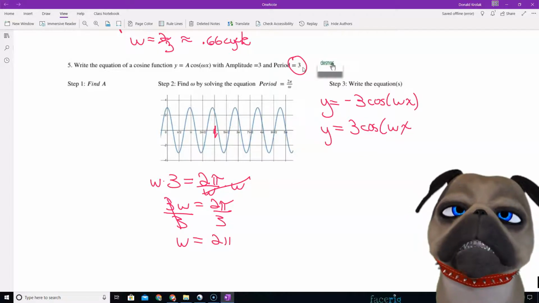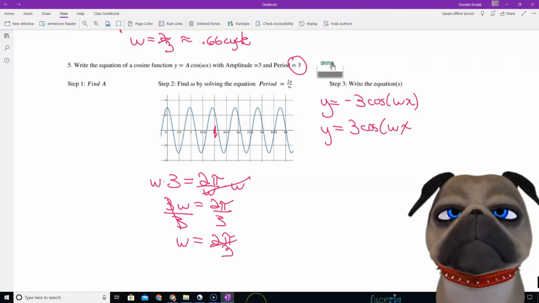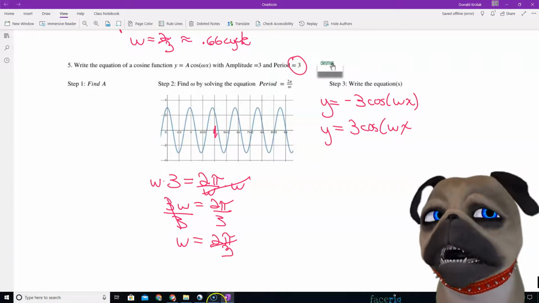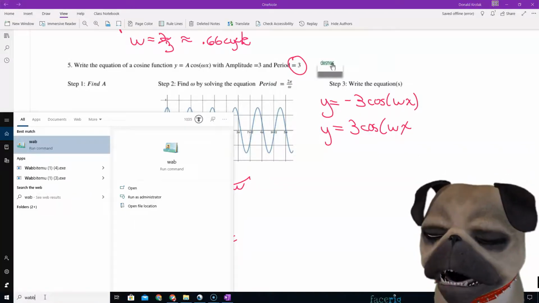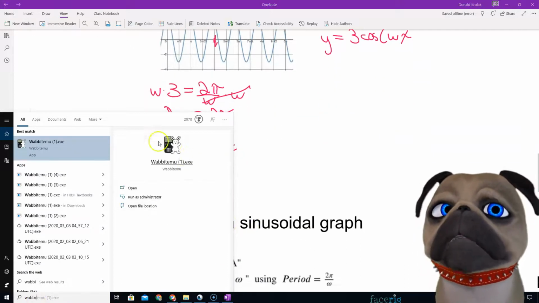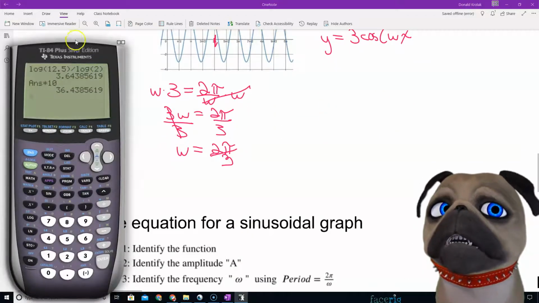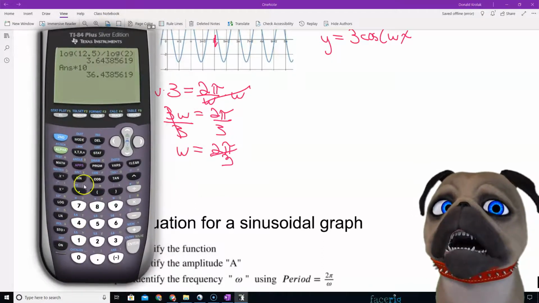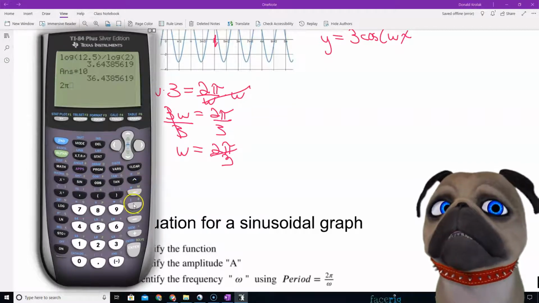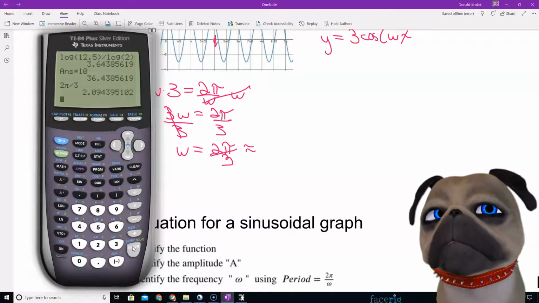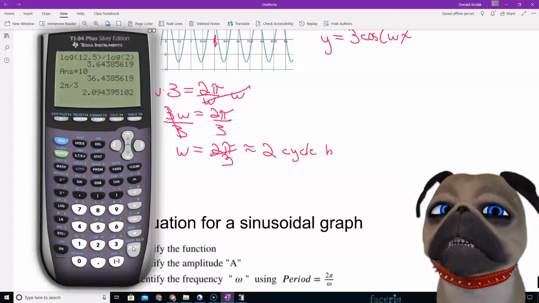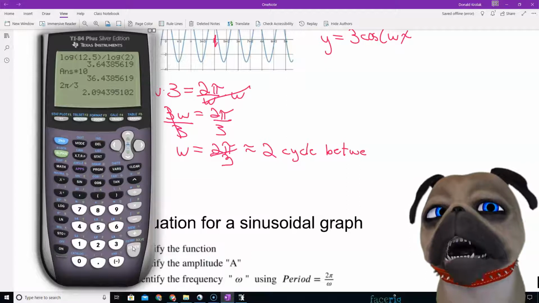So that's the frequency now. That's not a period, that's frequency. And that frequency, I'll show you, is around 2. If I go 2 times pi divided by 3, that frequency is really close to 2 cycles between 0 and 2 pi, and that's what we saw.